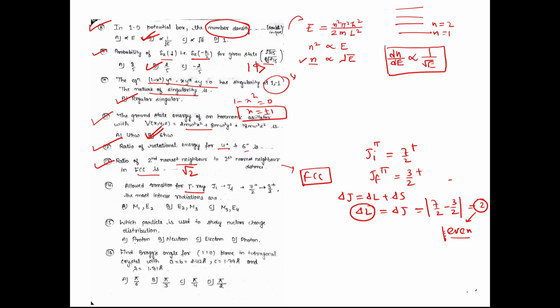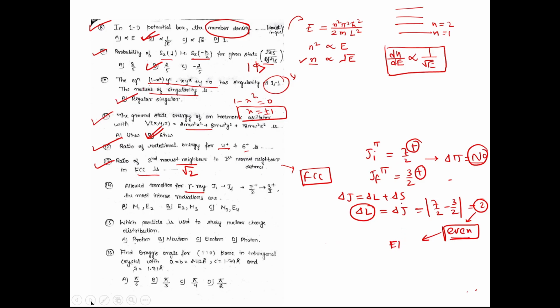So for even value we have to check the parity. Parity is positive for the initial state and also positive for the final state. So there is no change in parity. For even case and no change in parity, obviously it indicates the electric pole.